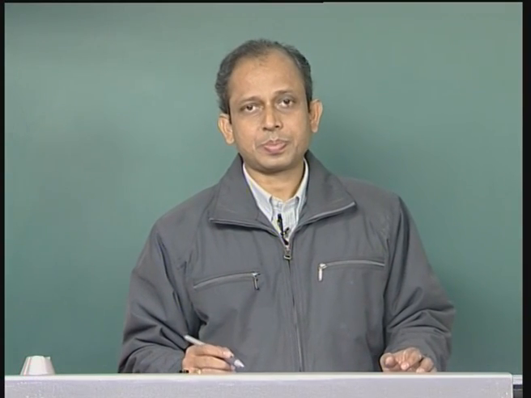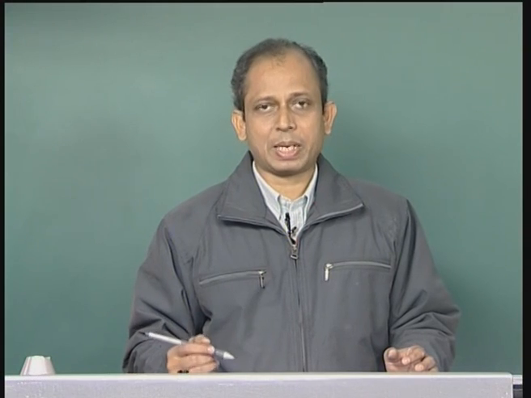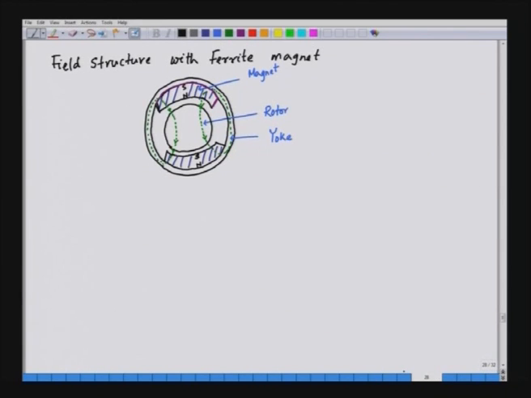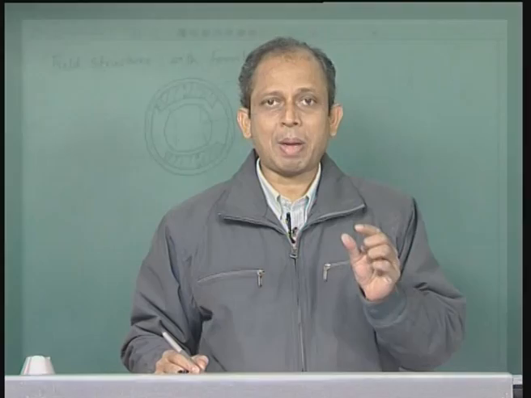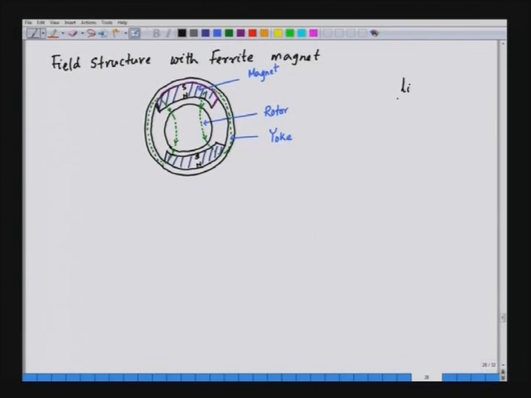Now, if we go to ferrite magnets, we have already seen that for ferrite magnets we need thin magnets, but with large width. We have this Li by Ai ratio, and for ferrite we need small Li and large cross sectional area.